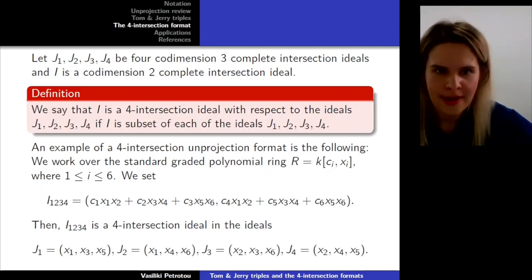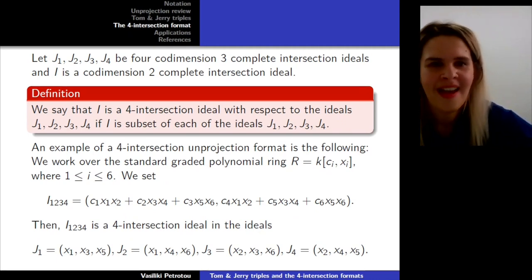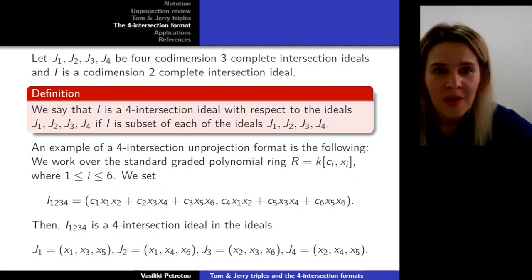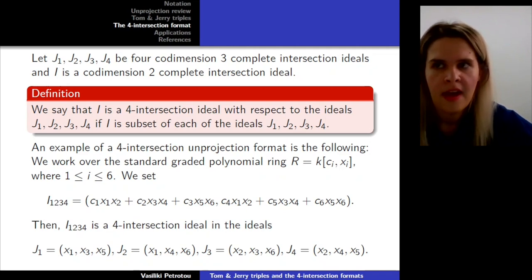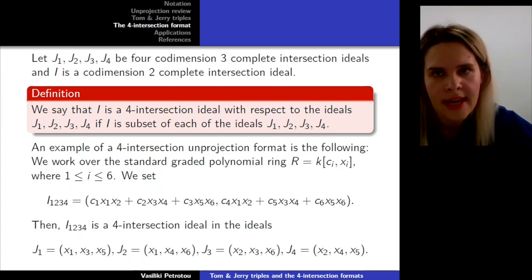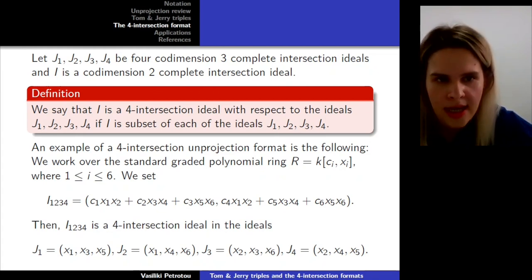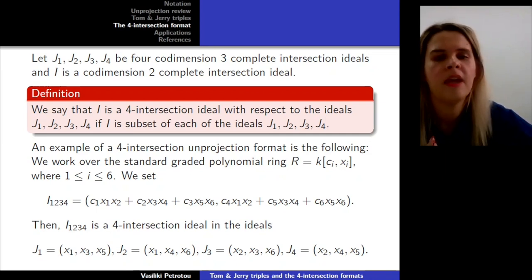What about our format? What does the four intersection format do? Assume now that we have 4 codimension 3 complete intersection ideals. The question is, what conditions should the generators of a codimension 2 complete intersection ideal satisfy in order for this ideal to be contained simultaneously in each of the ideals J1 up to J4?